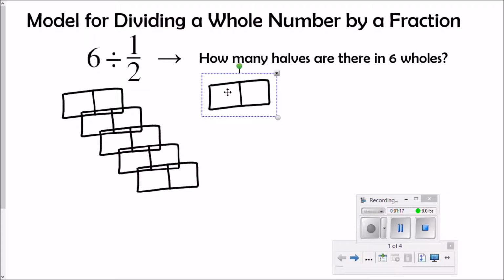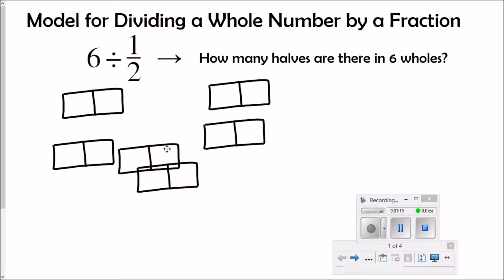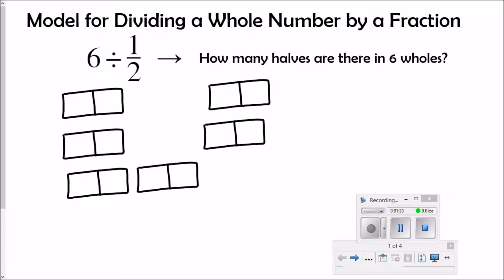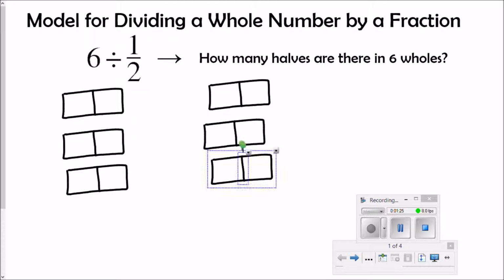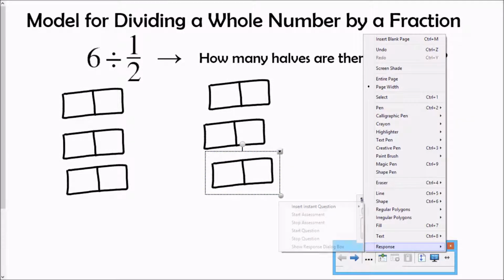And I'll organize these so that we can actually see what we have. So by using that cloning tool, I ended up with 6 wholes, and each whole is divided into halves.